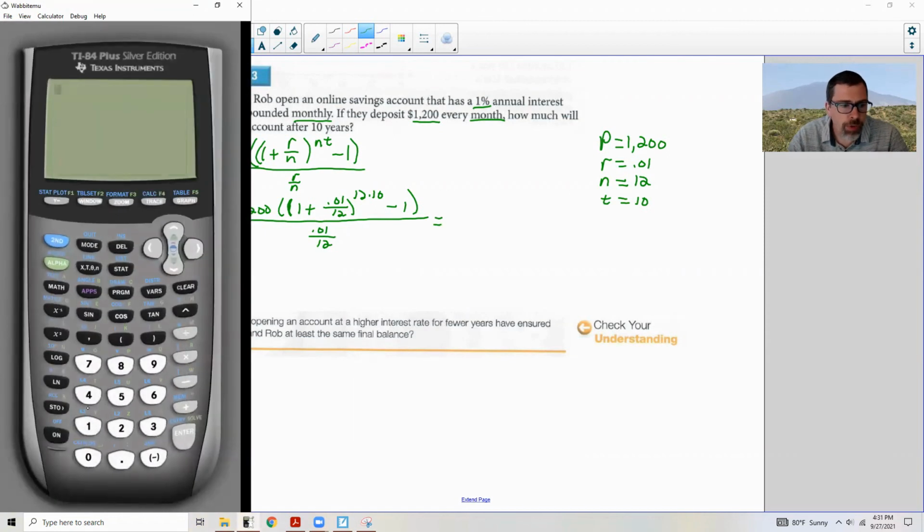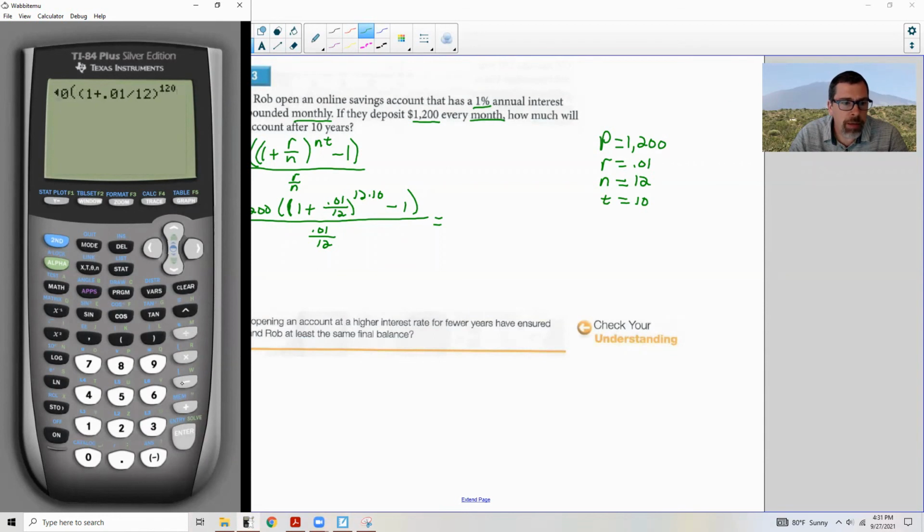All right, so here we go. 1,200, parentheses, parentheses, 1 plus 0.01 divided by 12. Close the parentheses. To the power of 12 times 10, I'll just put 120.